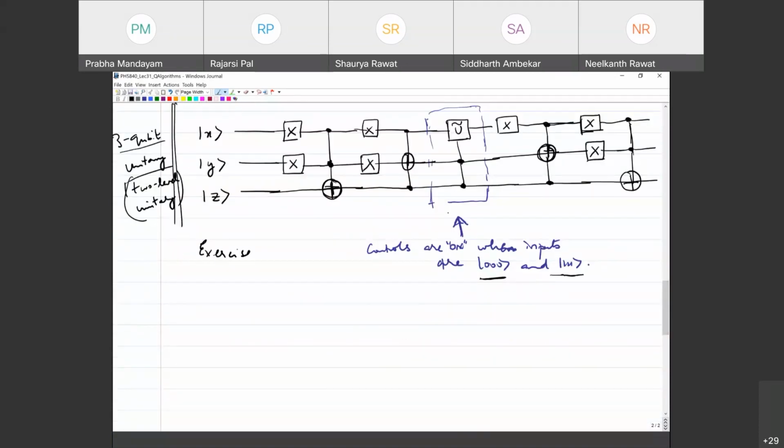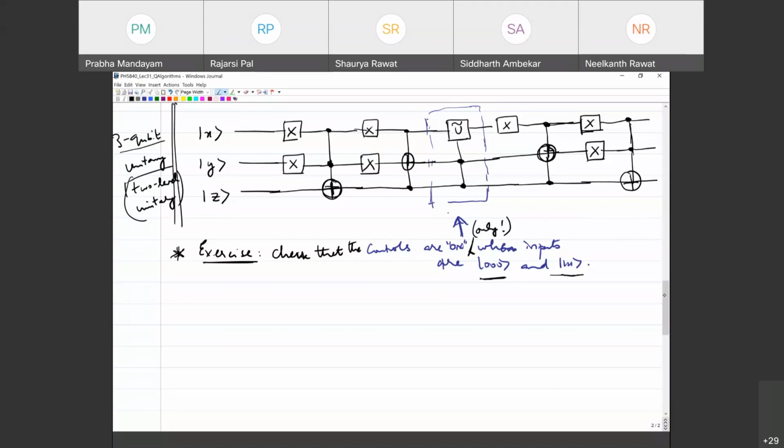To check that the controls are on only when the inputs are 0, 0, 0 and 1, 1, 1. Okay. So please check this, but this is just a demonstration or an example to show that this is what is achieved. This is how you can achieve an exact universality statement.